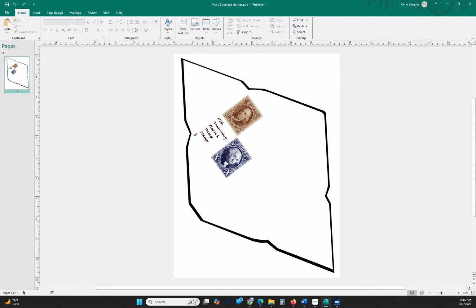So, what qualifies as valid U.S. postage? Well, in 1861, at the beginning of the American Civil War, post offices in the southern states were in possession of large stocks of U.S. postage stamps.